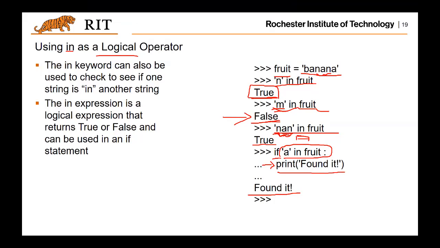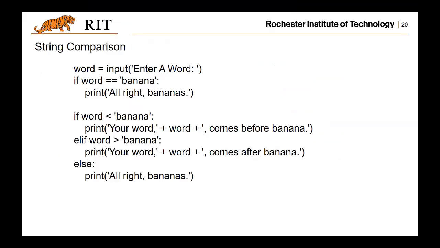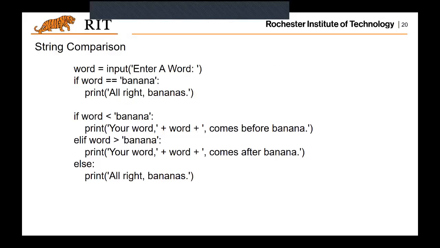But I would like you to use a few minutes to try this very simple example. Please type this in your Jupyter notebook and play with it by inputting different values and see how it looks. Basically, this is not just the in, but also the comparisons. There is a comparison operator that tells you whether the input word is banana or not.